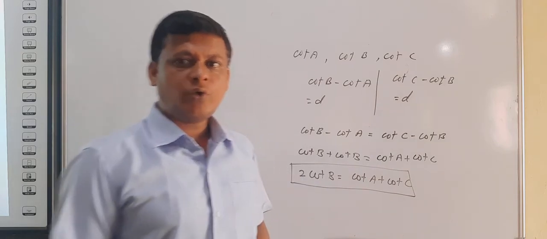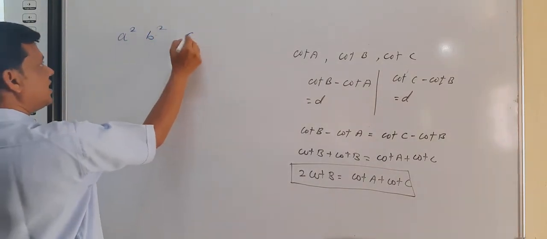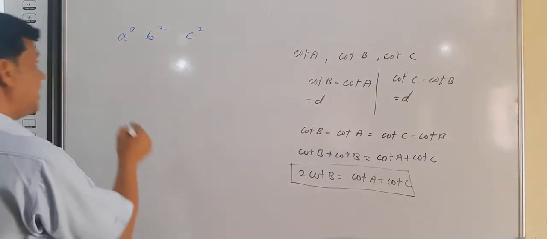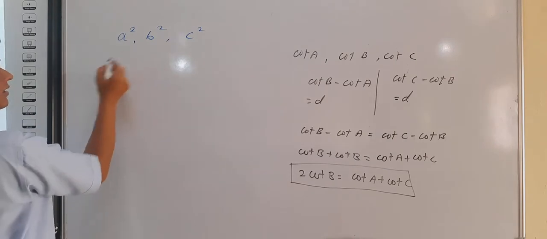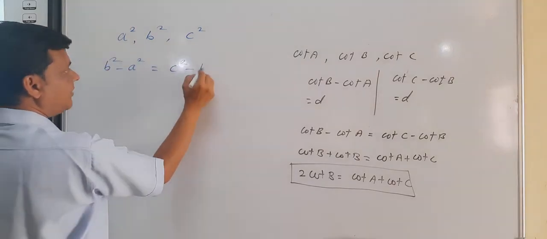Now what we have to show? We have to show a square, b square, c square are in arithmetic progression. That means we have to check b square minus a square equals c square minus b square.